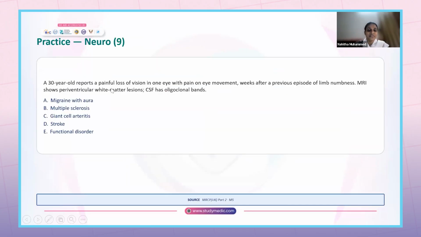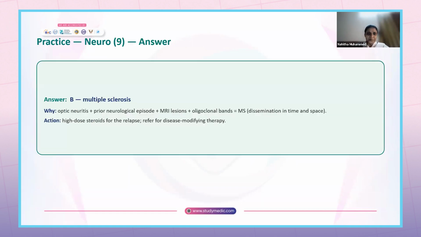A 30-year-old reports a painful loss of vision in one eye with pain on eye movement, weeks after a previous episode of limb numbness. MRI shows periventricular white matter lesions. CSF has oligoclonal bands. So, as already mentioned, multiple sclerosis. In every case of multiple sclerosis, the usual onset is from the eye, that is optic neuritis, and different types of disease presentations will be there.